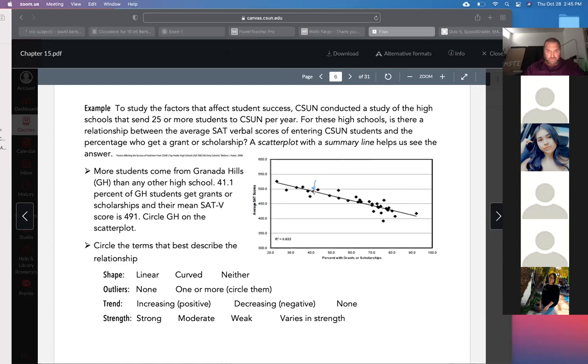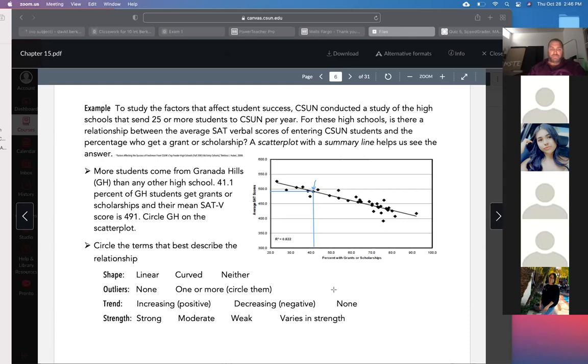If I draw a line from it directly left, and I draw a line from it directly down, do those seem to be 491 and 41.1% respectively? Yep. Looks good to me. Okay, excellent.